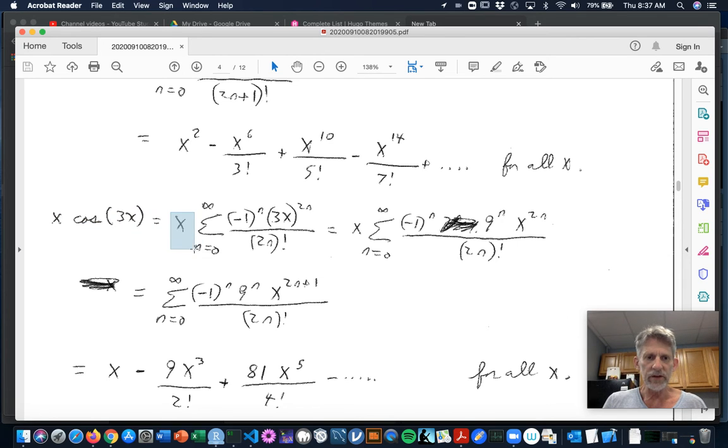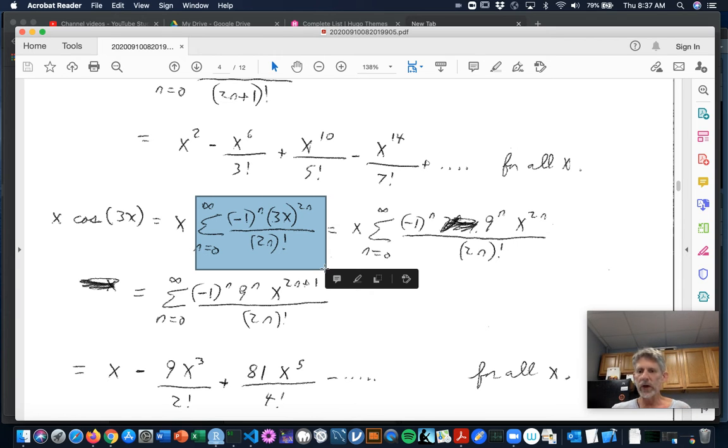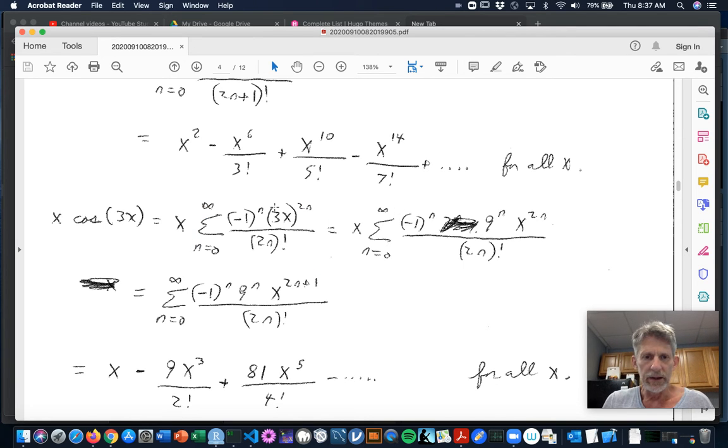Well, I would leave the x alone for now and just plug 3x in where I saw an x in the summation for the MacLaurin series for cosine of x. And let me see, 3x to the 2n would be 3 to the 2n times x to the 2n. And 3 to the 2n is actually 3 squared to the n, so 9 to the n.